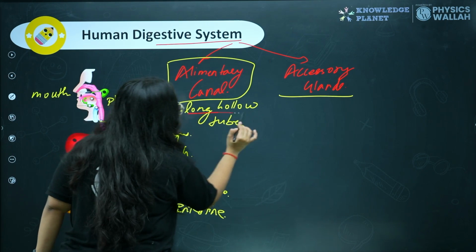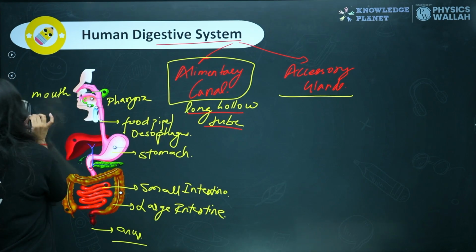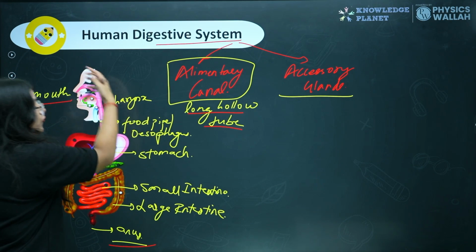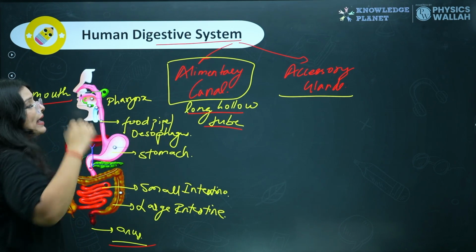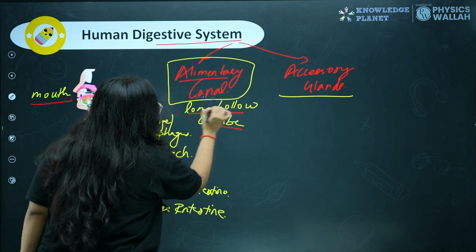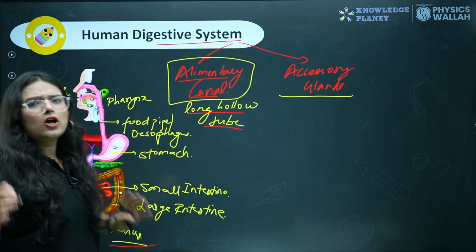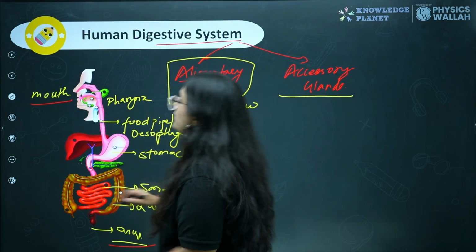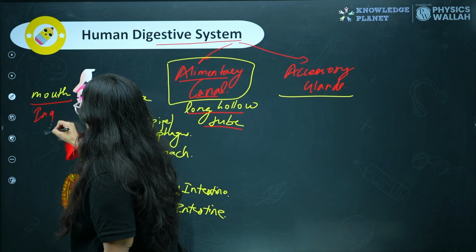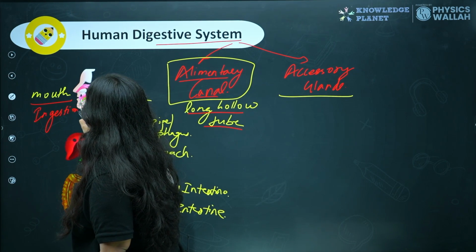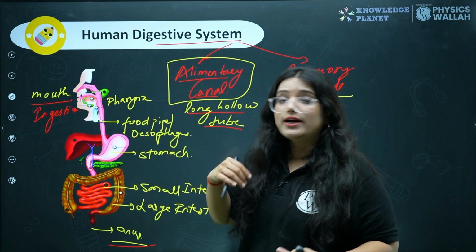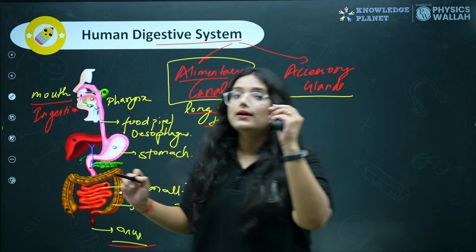The long hollow tube, which starts from the mouth and ends at the anus, goes through various components. That long tube is your alimentary canal. Now let us also take a look at the function of each and every part. From the mouth, the food is ingested and enters the body, through the mouth or the buccal cavity.